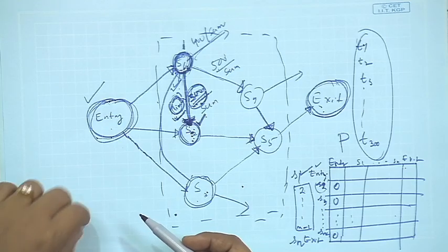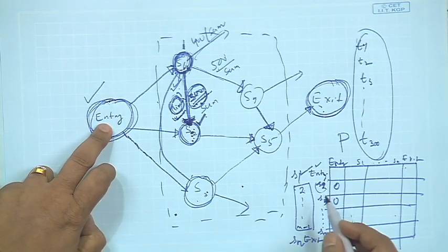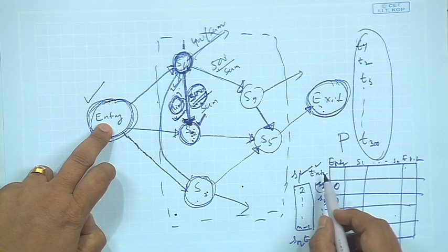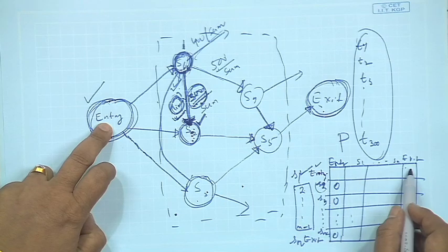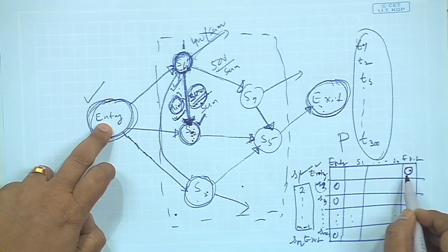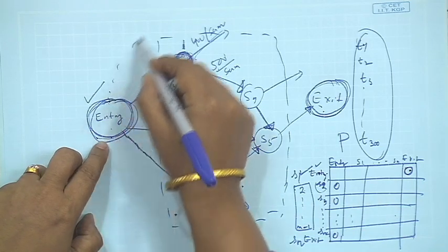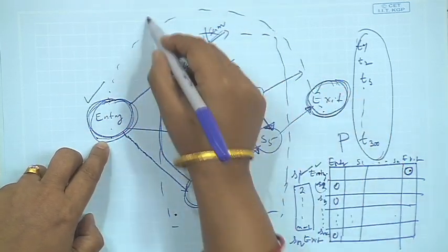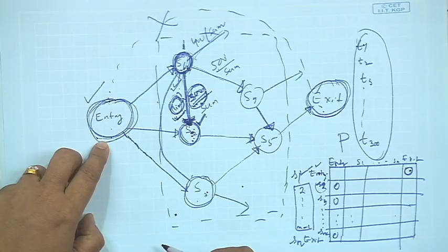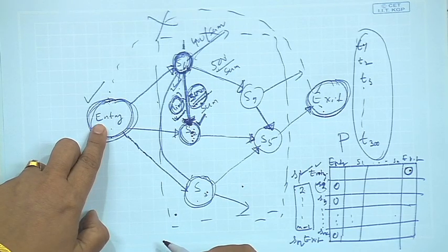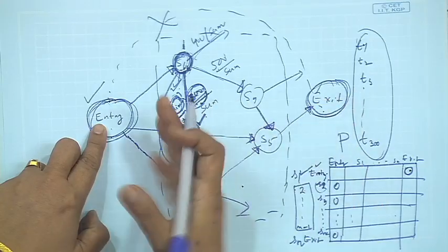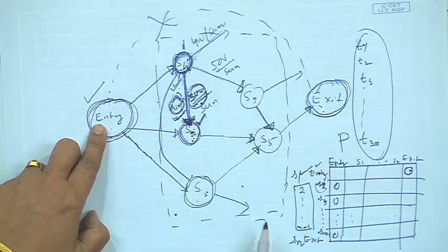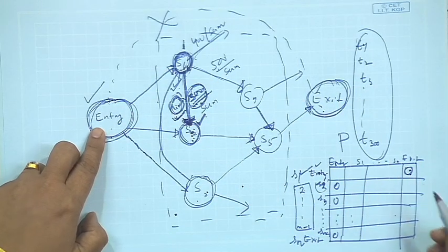So, going from the first state, that is the entry state, to the nth state, that is the exit state, is 0. No transition can be made from here to here. If you assume there is a transition, then he is not entering into your site. Therefore, this is 0.